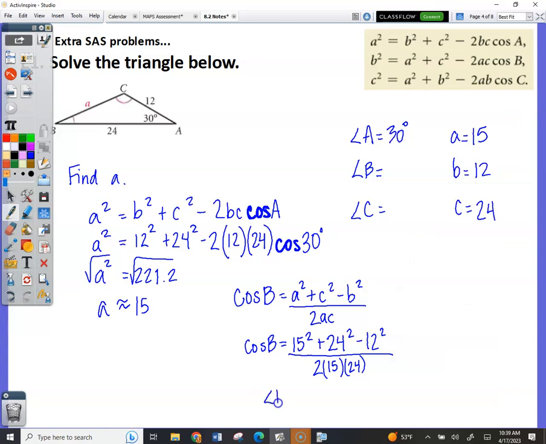So angle B is approximately 24.1 degrees.